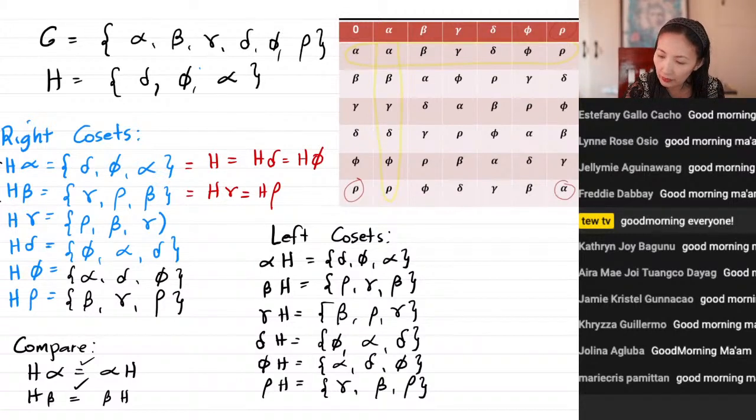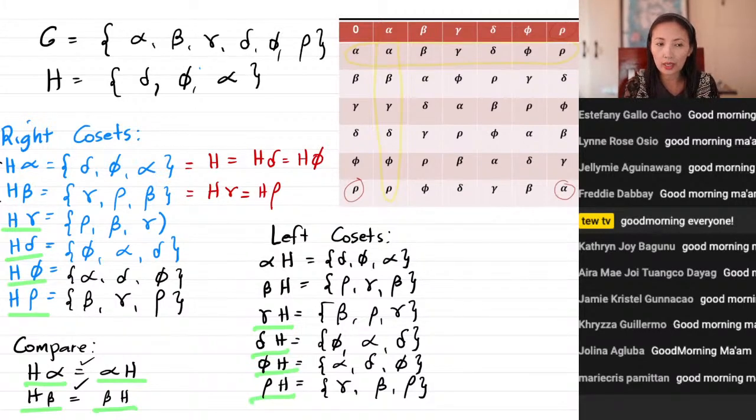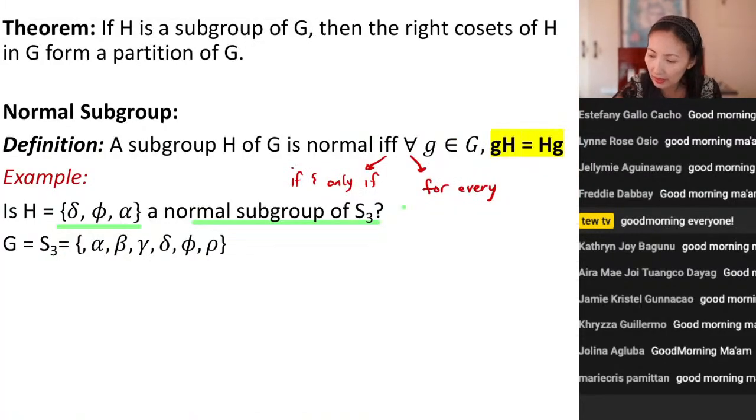Look at this: H alpha is equal to alpha H. H beta is equal to beta H. In like manner, H gamma equals gamma H, H delta equals delta H, H phi equals phi H, and H rho equals rho H. So what can you say about H? Is H a normal subgroup of S sub 3? Yes, the answer here is yes.